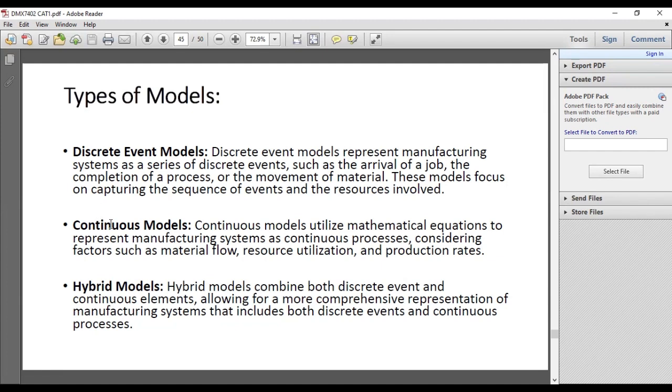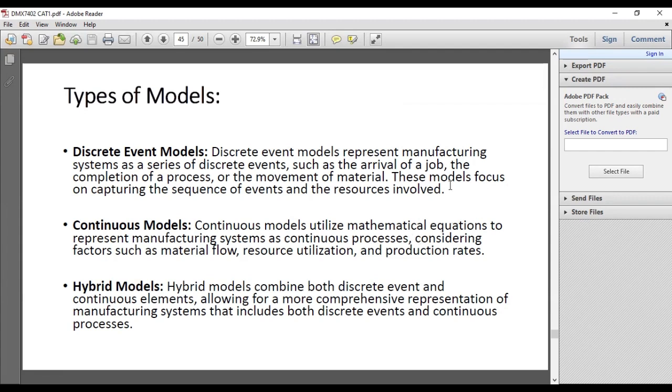In a continuous model, you will utilize mathematical equations representing the manufacturing system as a continuous process. So in a continuous model, you'll be using equations, considering it as continuous.